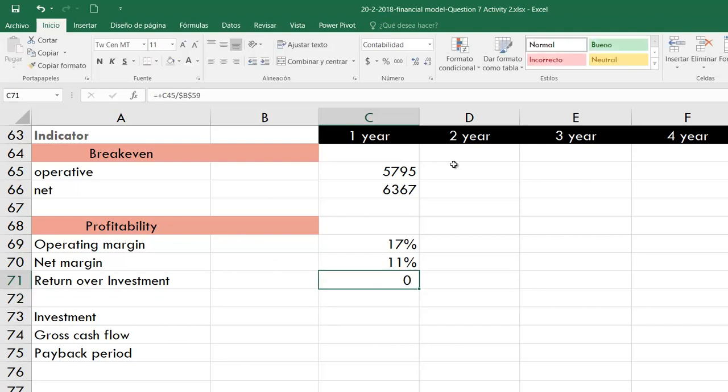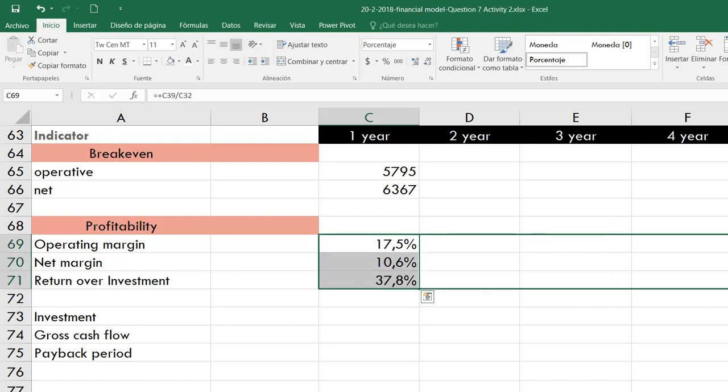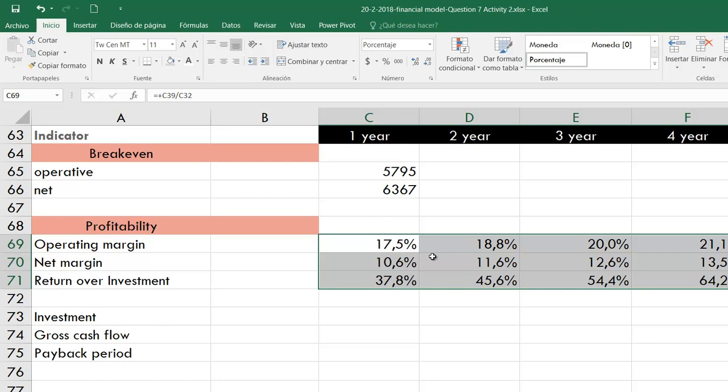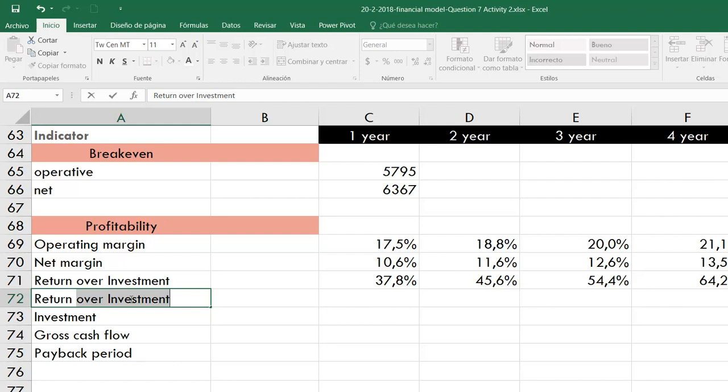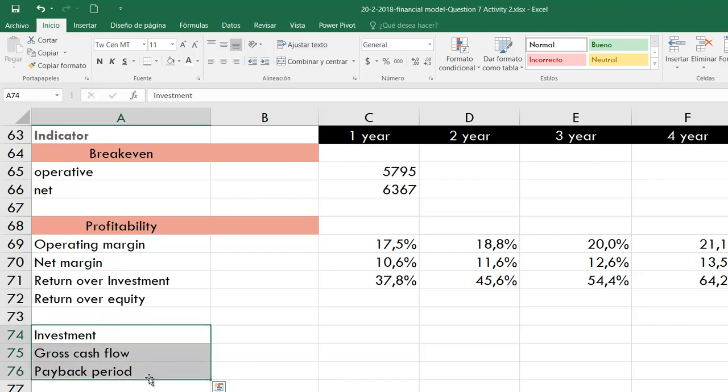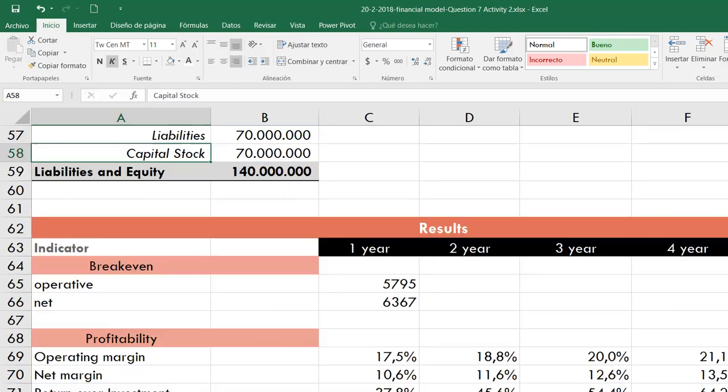So all this data should be estimated over the 5 years. It's only a matter of dragging it to the right, and you notice that it increases over time. There is also another important profitability ratio, which is the return on equity, over the investment in capital stock.